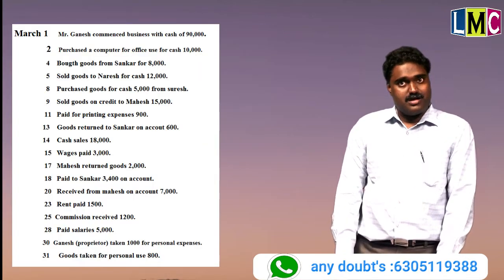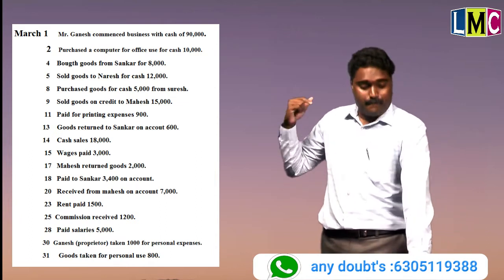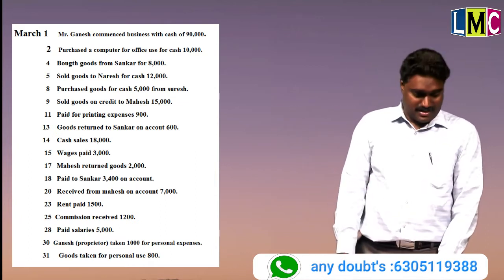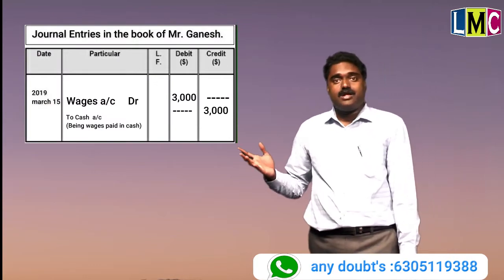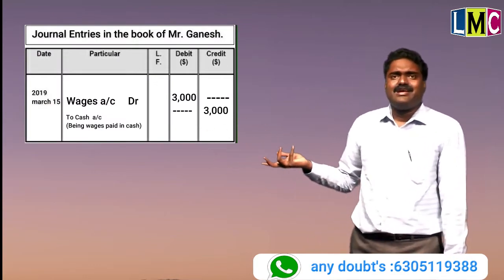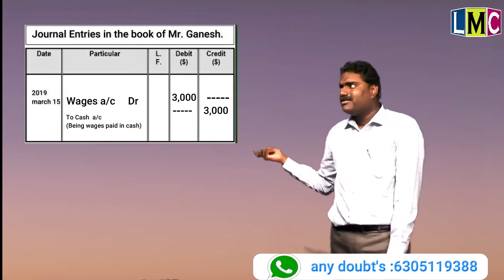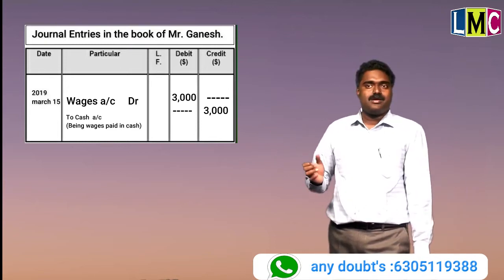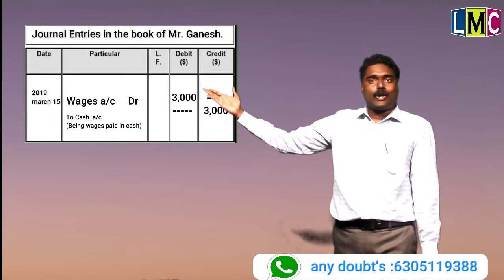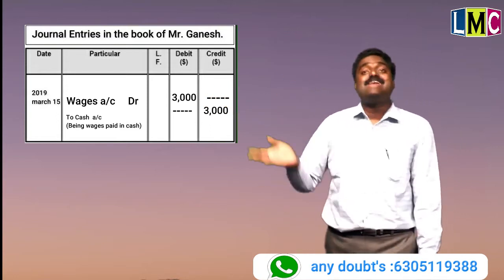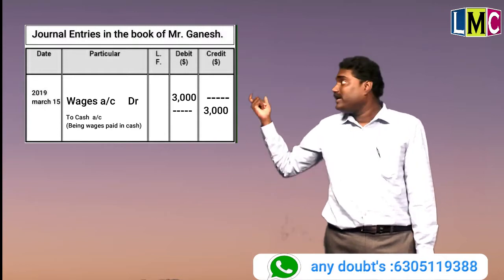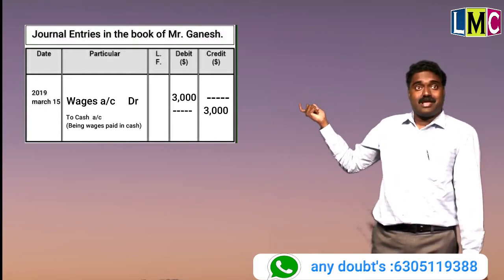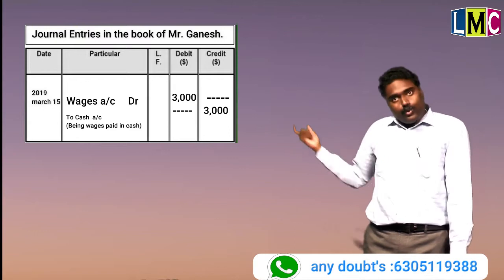Is that clear? Next, wages paid for rupees 3,000 on 15th of March. Wages paid. So what is coming in? Wages come under which account? Nominal account. Debit all expenses and losses. Credit all incomes and gains. Profit and loss account is a nominal account, right? So here wages account debtor to cash account.